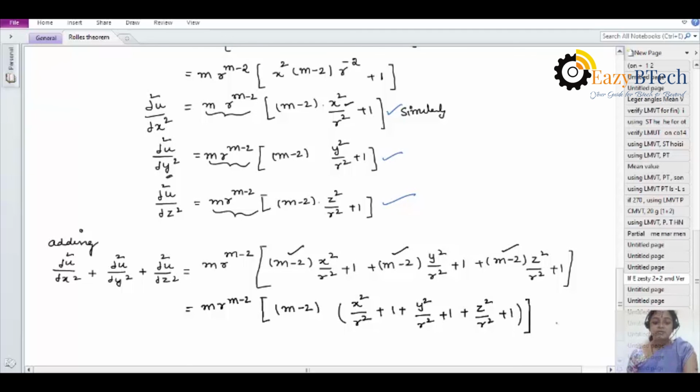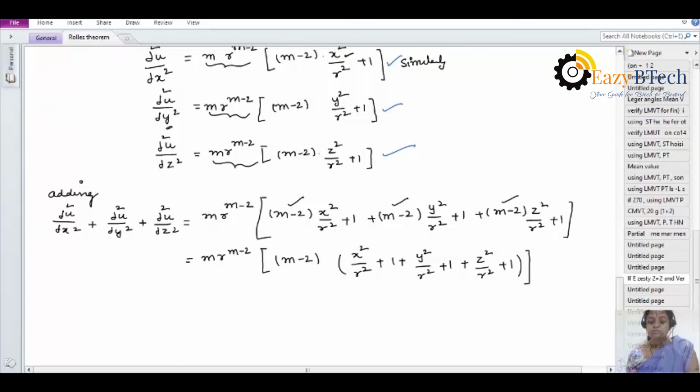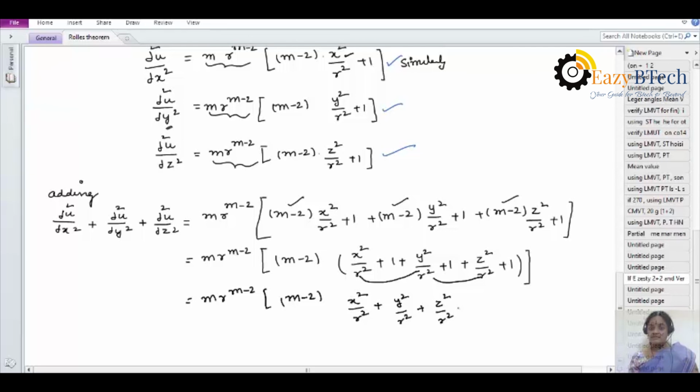Now observe these terms, x square by r square, y square by r square, z square by r square, and plus 1 plus 1 plus 1 is 3. Adding the 1 three times, 1 plus 1 plus 1 is 3 here.